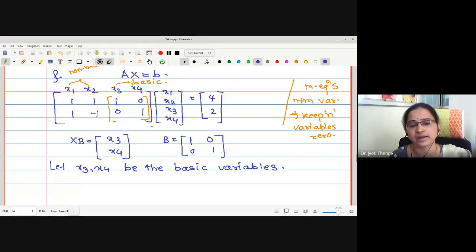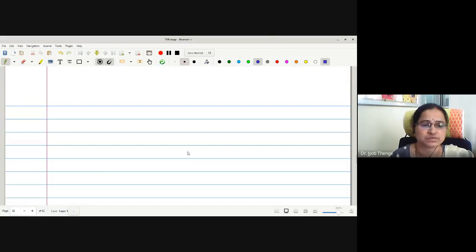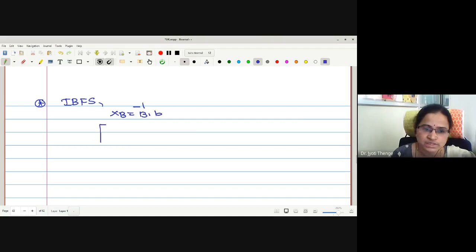Because the submatrix capital B is an identity, it will be easier to get the initial basic feasible solution. Therefore, next step, initial basic feasible solution: xB is equal to B inverse into b. What is xB? x3, x4.